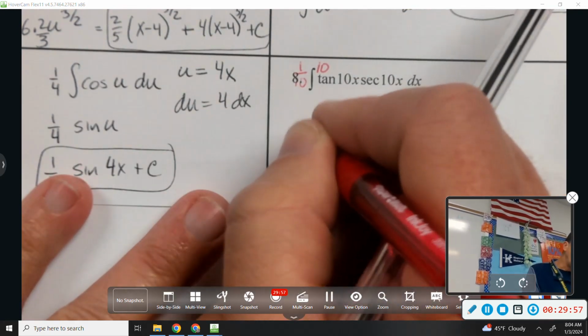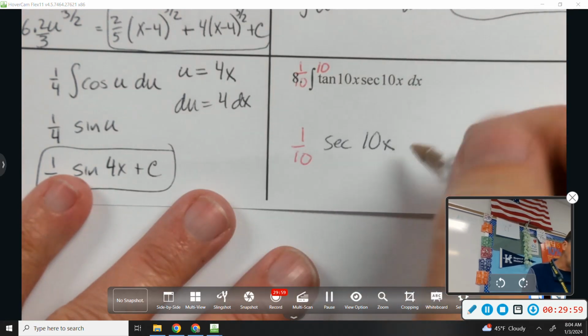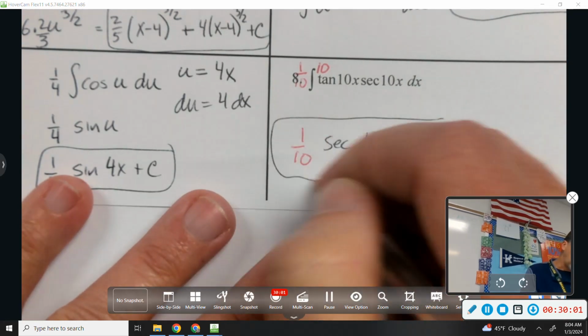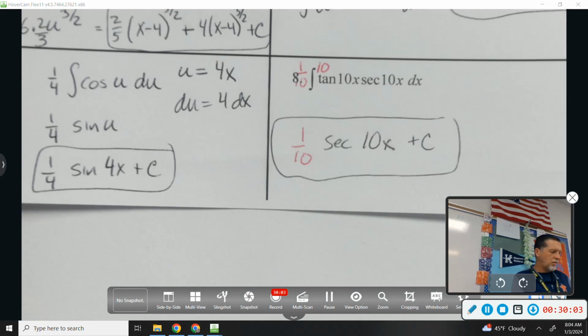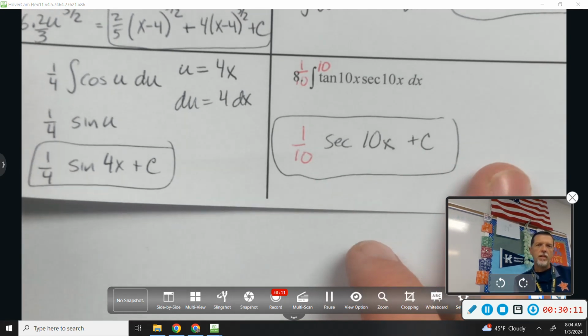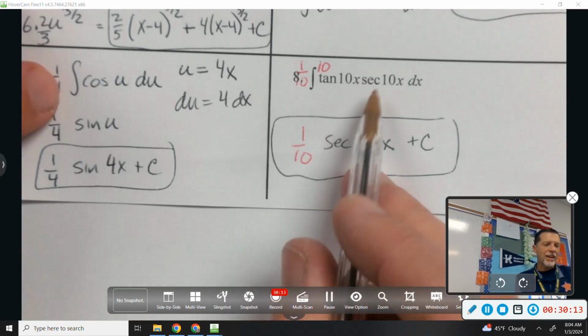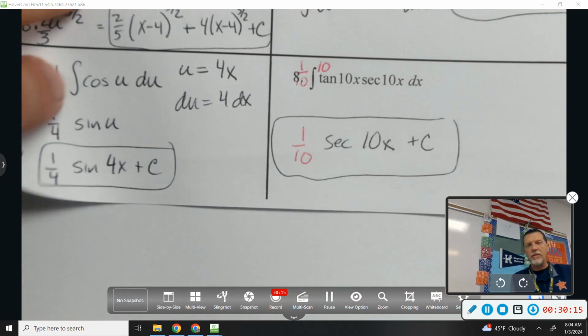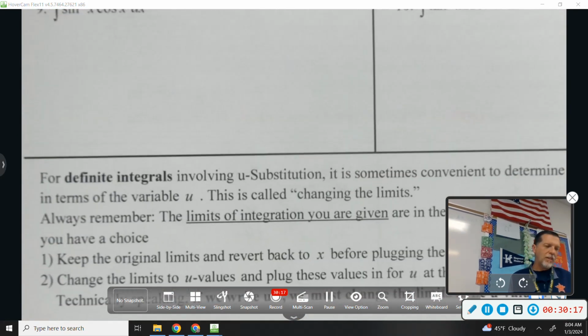So you put a 1/10 out front, and you kind of do u substitution without showing the u's. That's if you recognize that what's there is the derivative of a function that you know.